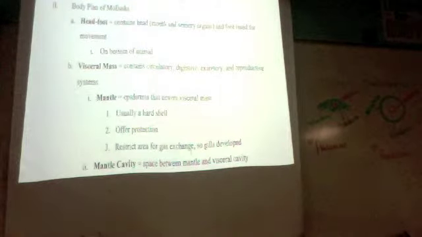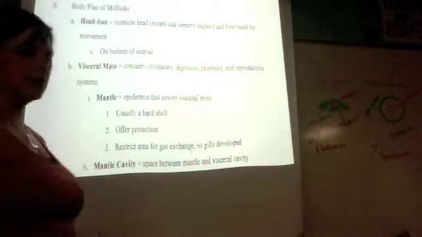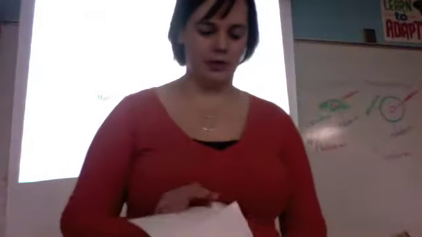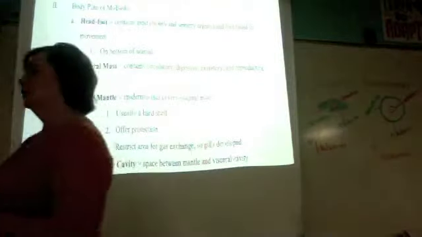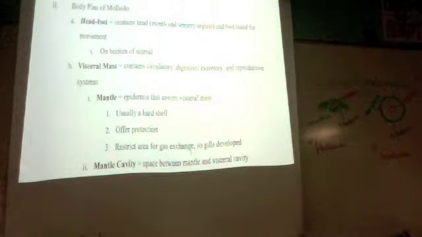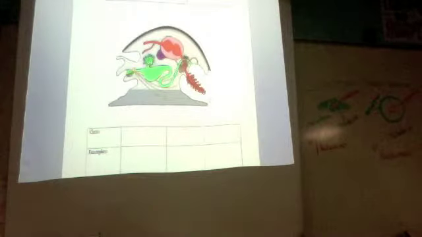Okay, the body plan of a mollusk. So the other thing you have, or the next thing you have on your cool little sheet, is a diagram of the body of a mollusk that looks something like that, right?